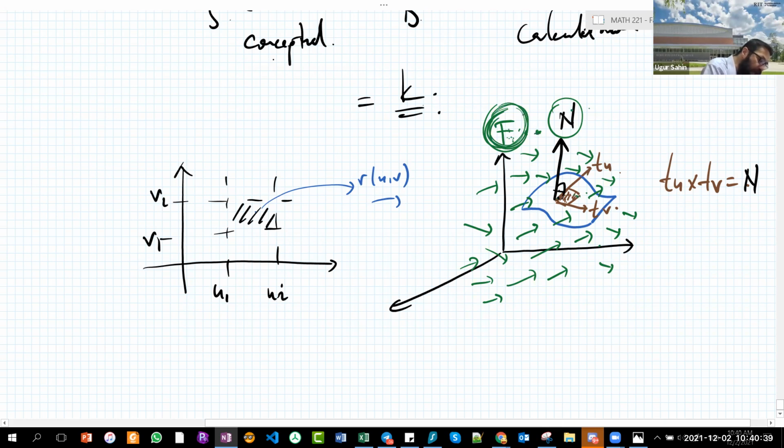This is just the n at one point. But the vector field flows across S. That is why I just need to get the projection of F on N using this dot product, guys. This is just for one point.